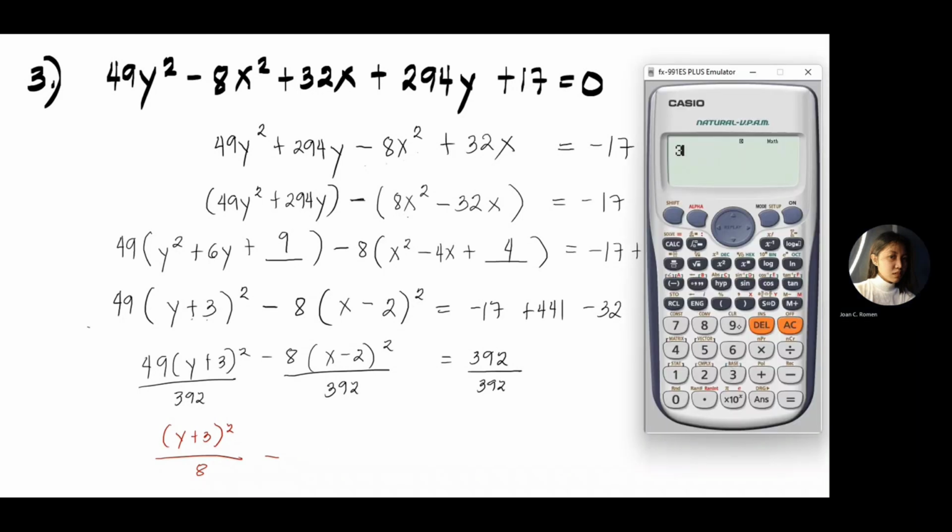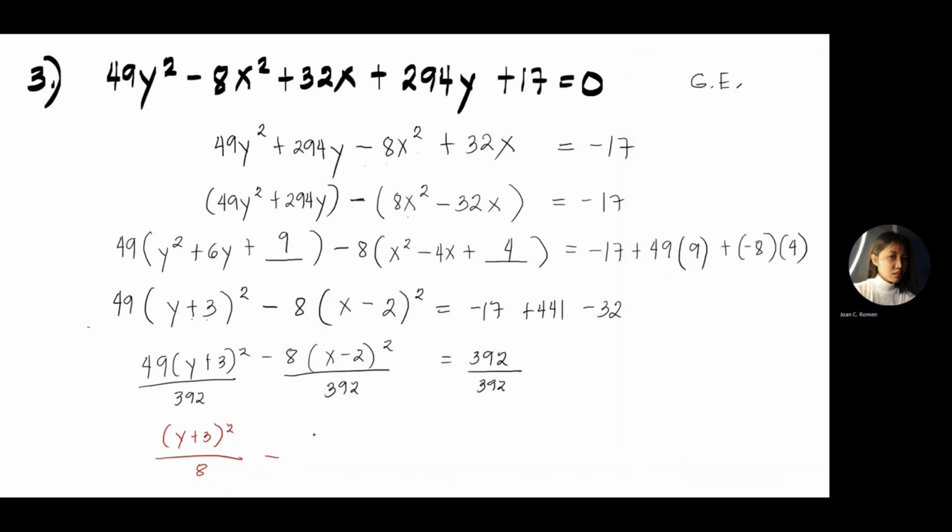Okay, so 392 divided by 8 is equal to 49. So that is x minus 2 squared over 49 is equal to 392 divided by 392 is 1.